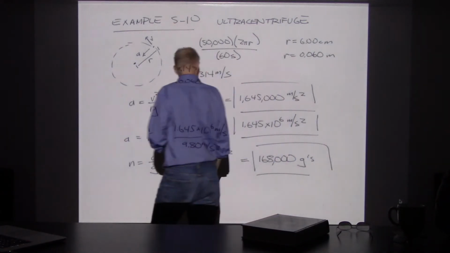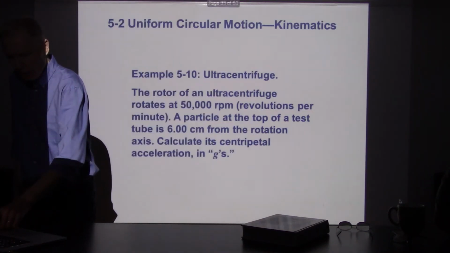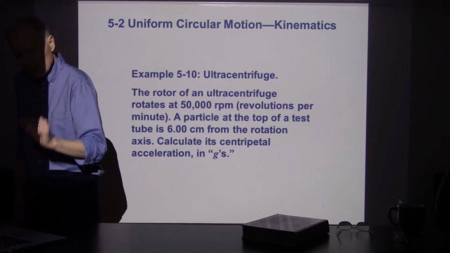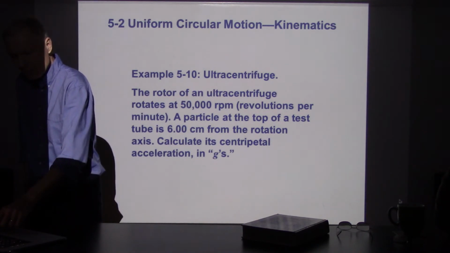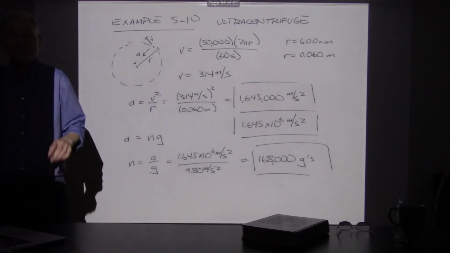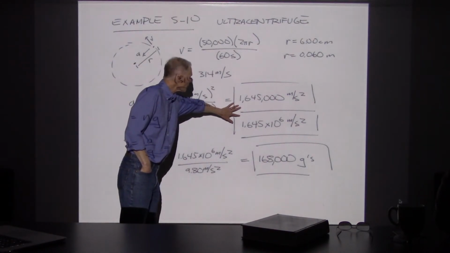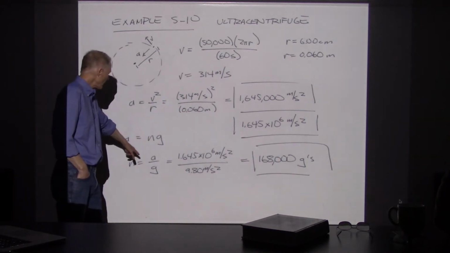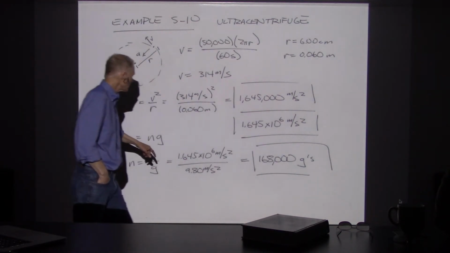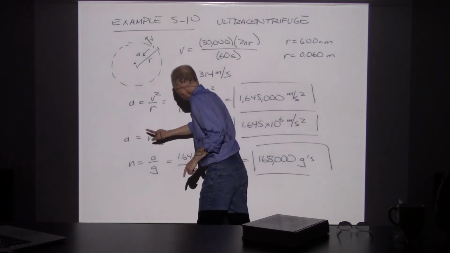Now they wanted us to, I think, let me go back and see. Again, I got to read the problem carefully. It says calculate the centripetal acceleration and calculate it in g's. Now, the g stuff is okay. I'm really more interested in just this number here, but if we do want to compare it in terms of gravitation, what we can do is say that the acceleration is some number.